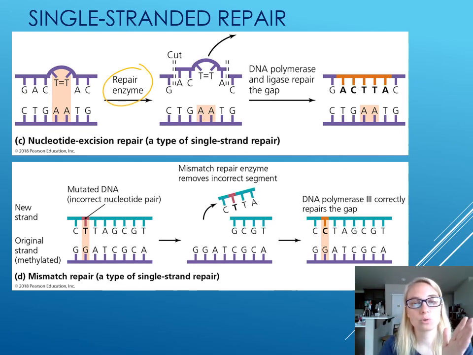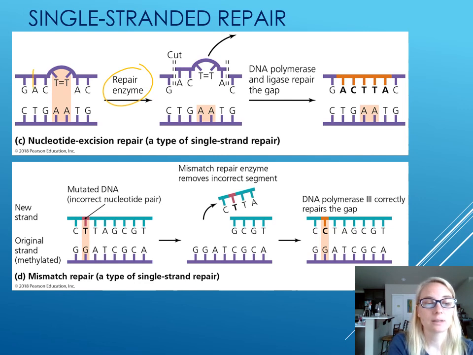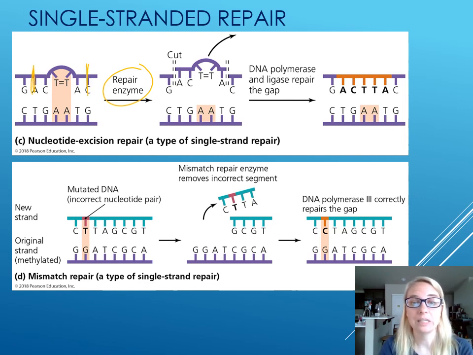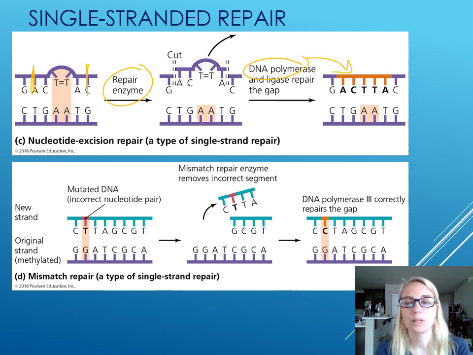But instead of just directly breaking those thymine dimers like we saw in the direct repair, they will actually cut either side of the lesion, pull that out, and DNA polymerase will come in and put in the correct bases. And that repairs, it removes that thymine dimer. So this is kind of nucleotide excision because we're cutting out, we're excising the mutation and replacing it with correct bases in this single-stranded repair.